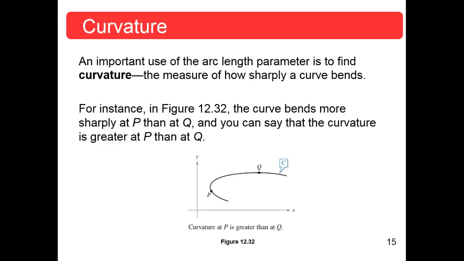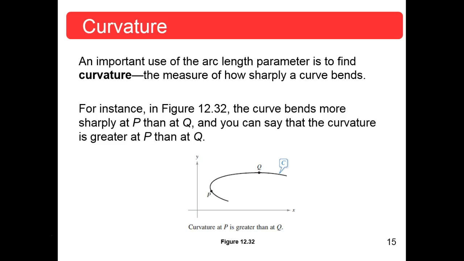Okay. All right, curvature. An important use of the arc length parameter, remember that's usually given the symbol S, arc length parameter S, is to find curvature. That's the measure of how sharply a curve bends. Okay?